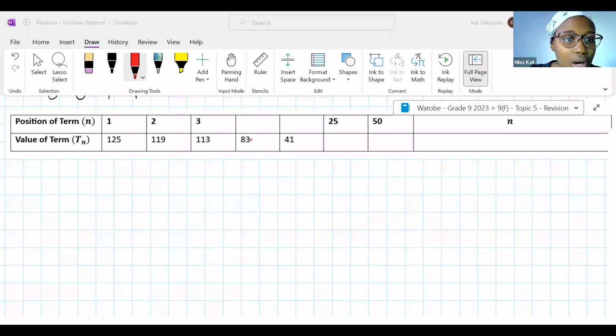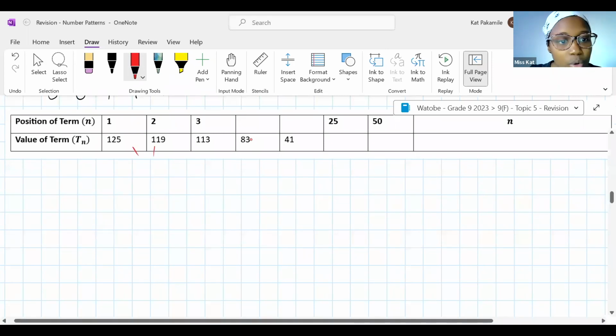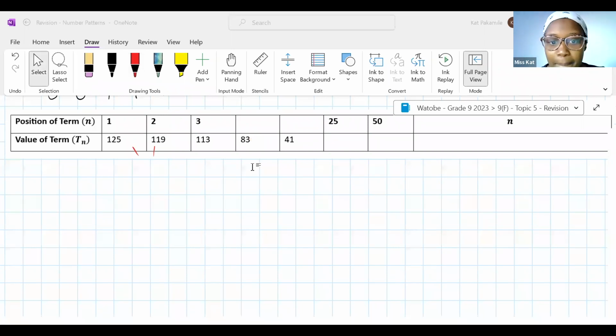So how do I get from 125 to 119? Does anyone see the constant difference yet? It is linear, but what is our constant difference?